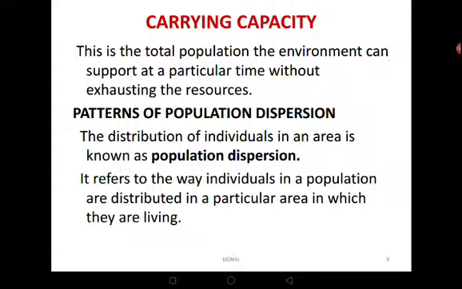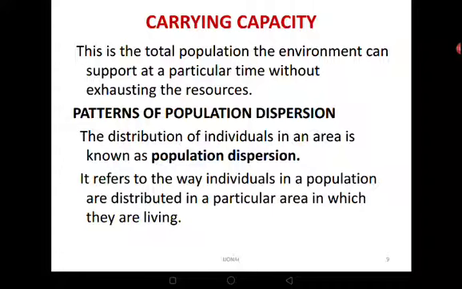The resources will be affected, competition will be intense, and only the fit will survive. So the carrying capacity is the maximum number of organisms of the same species that a given habitat can support at a given time without affecting the resources.